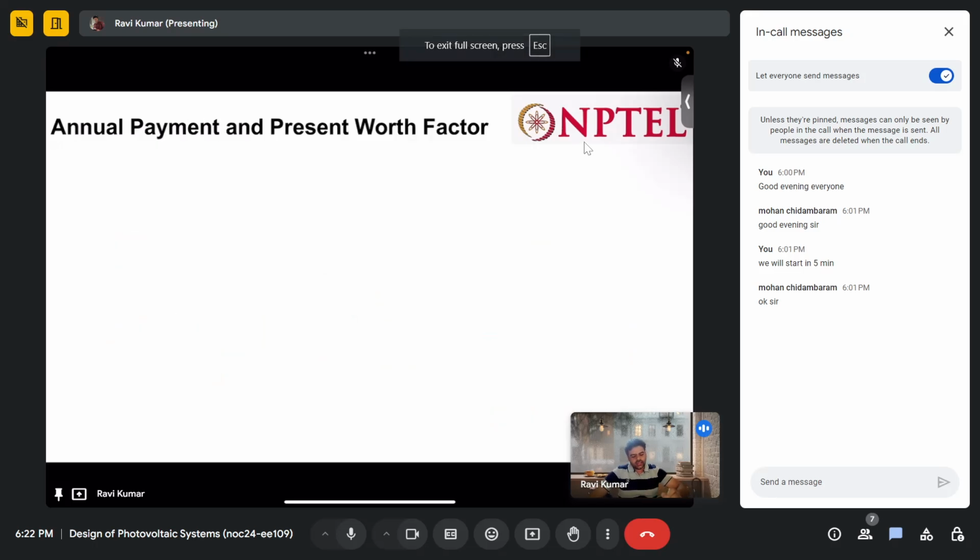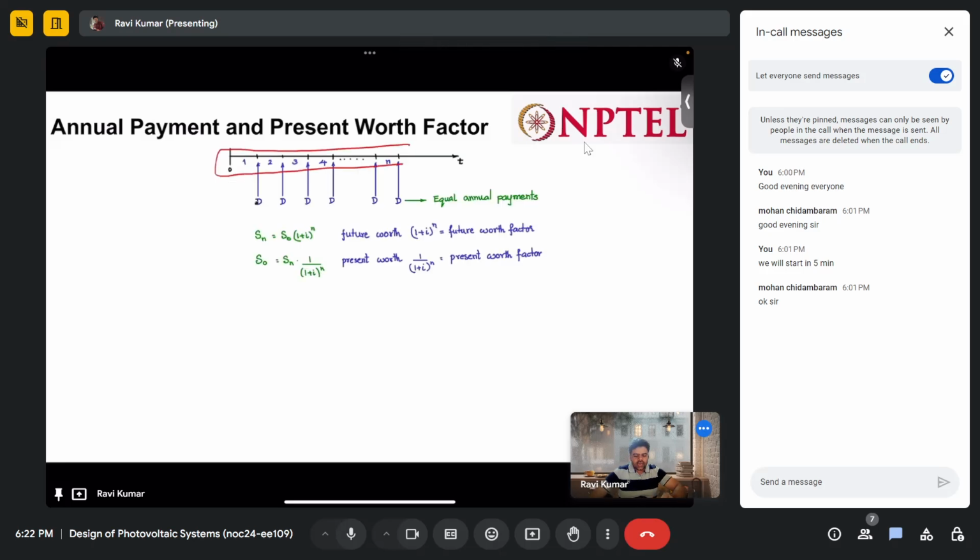So let's say this is the nth year, and after each year you are doing a payment of D, and you are doing it for n years. So this Sn equals, what is this? This is the amount.